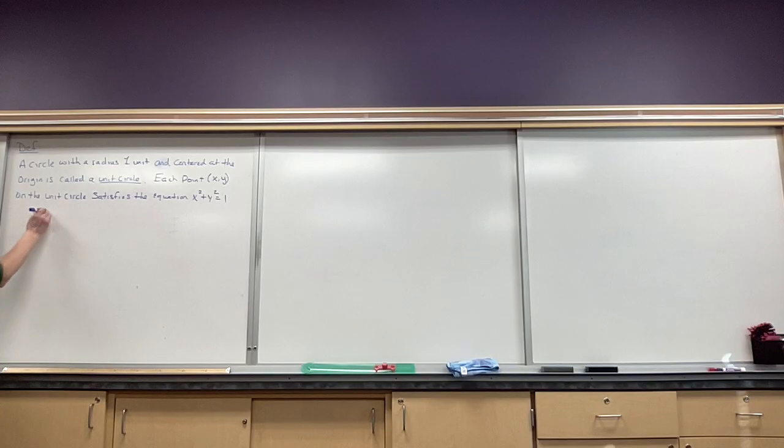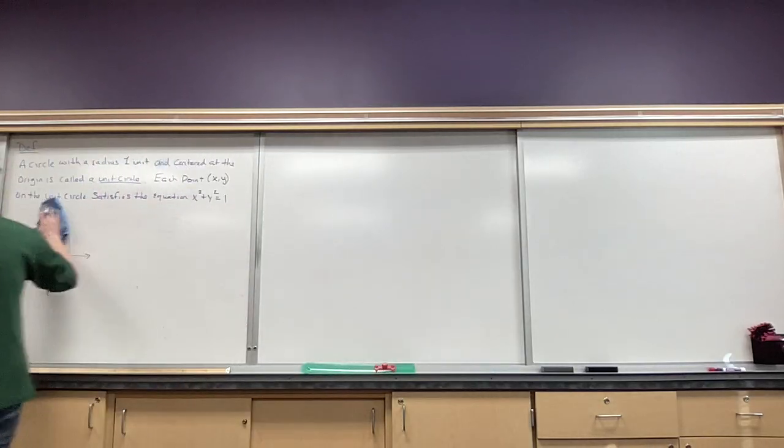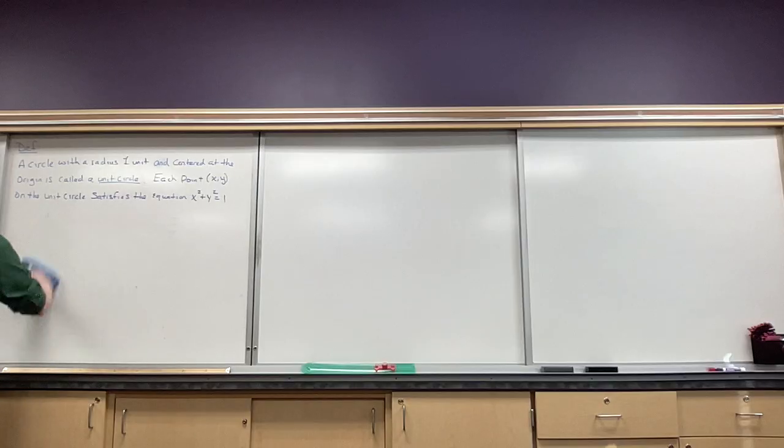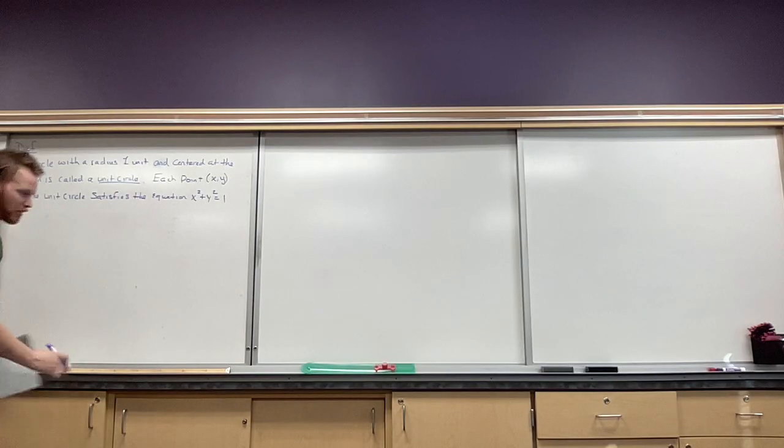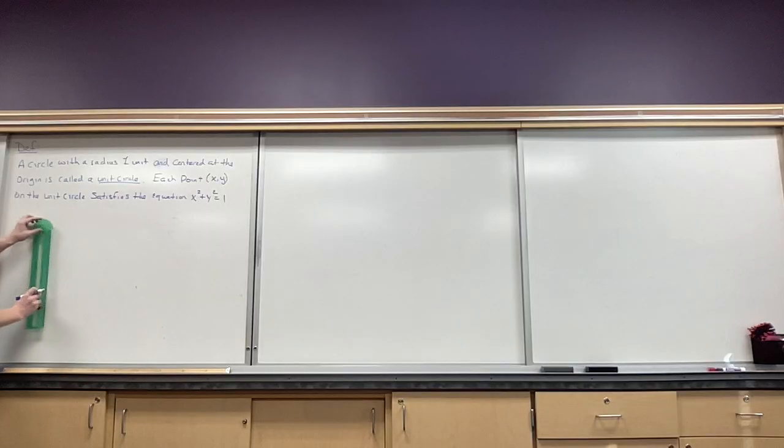Let's draw a picture. Okay. Let's see if I can. That was awful. Let's try that again. That was not good. Actually, you know what? I did this on purpose. Protractor. Not protractor, compass.